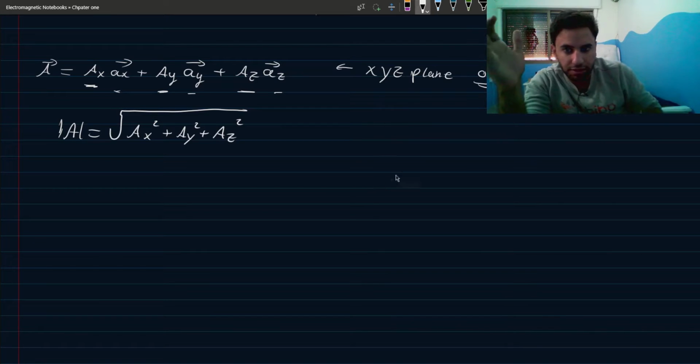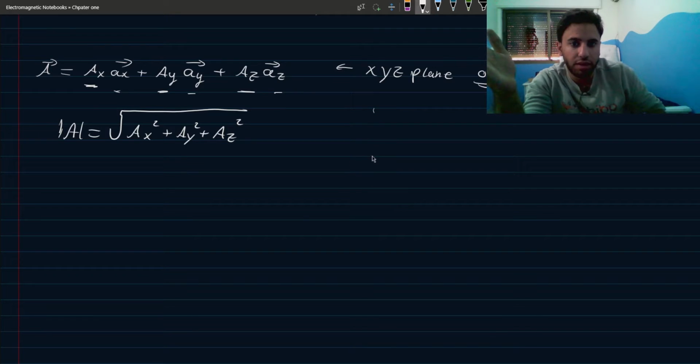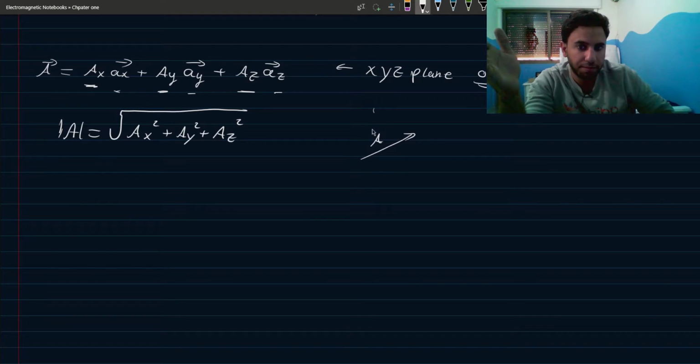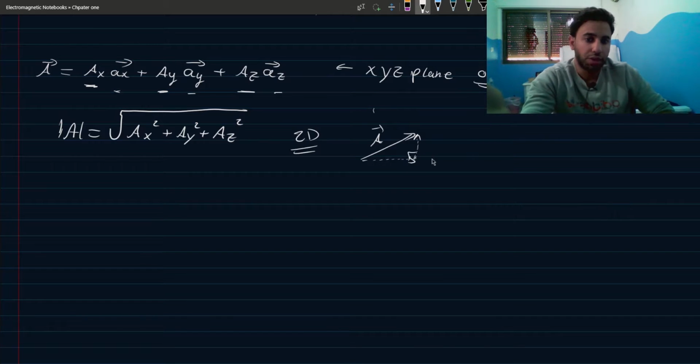Now, to explain this further, let's say you have vector A. This vector has a component in the x direction and a component in the y direction. It's in 2D, two dimensions. And as you might notice, this is a right triangle. What would A equal? Let's say this is AX and this is AY.